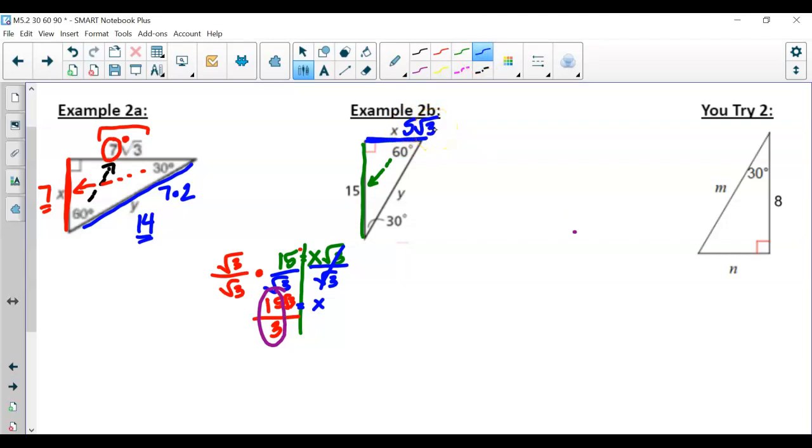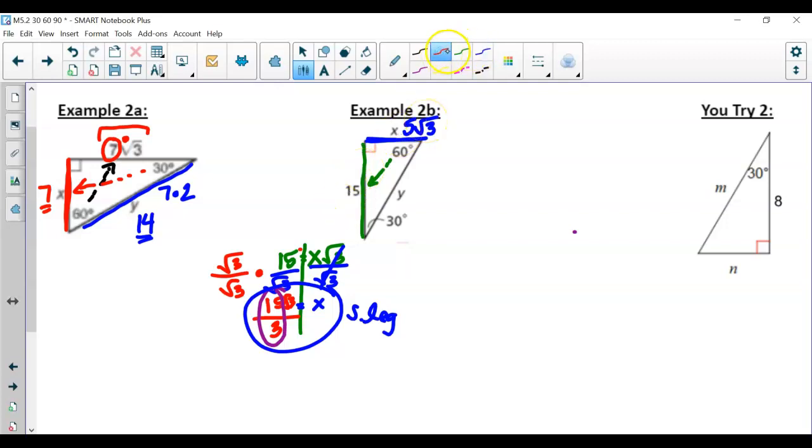Now, whenever we're solving for x, we are always, no matter what, getting the short leg here. Because let's say this was y and x, we're still solving for the short leg when we solve this process here. We're going from the short along to the short.